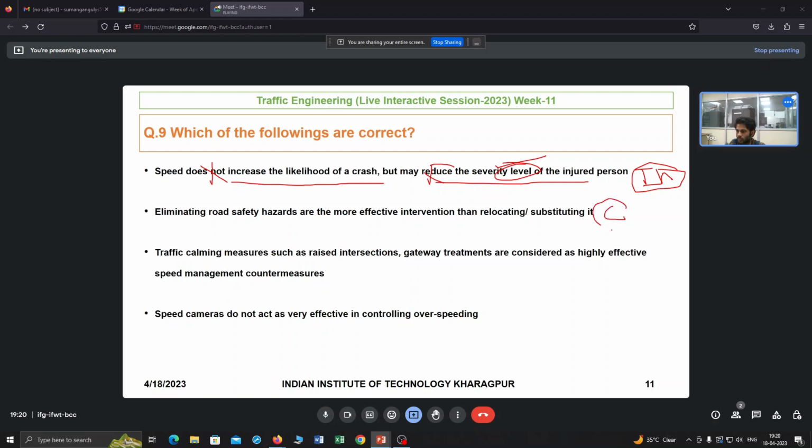Then traffic calming measures such as raised intersections and gateway treatments are considered highly effective speed management countermeasures, because they reduce the speed near the intersections. Right? Speed cameras do not act as very effective in controlling speed management. Okay, this is controversial.